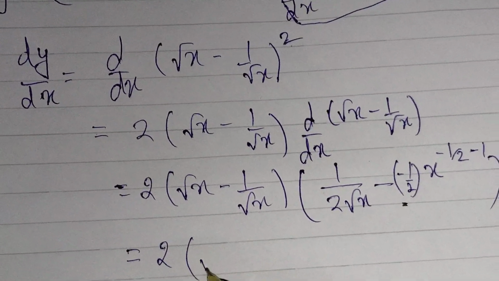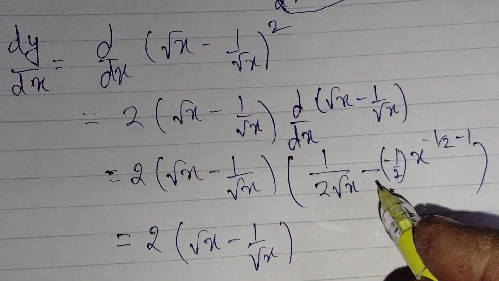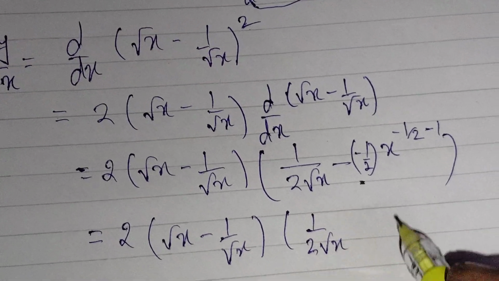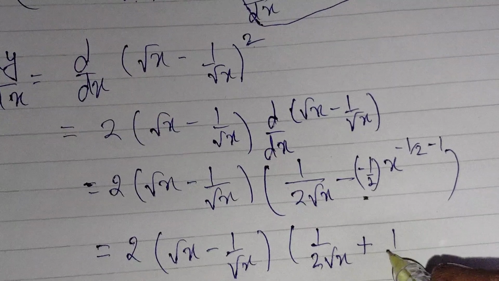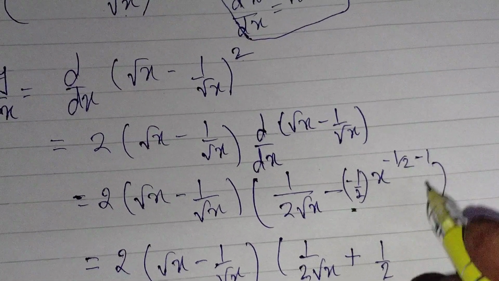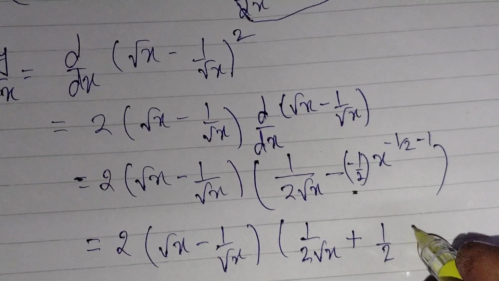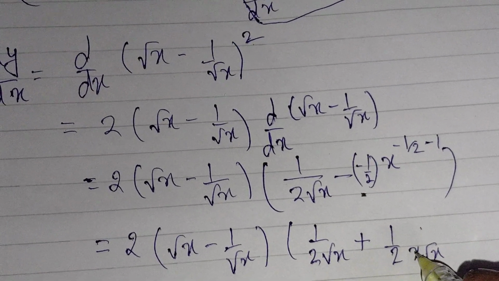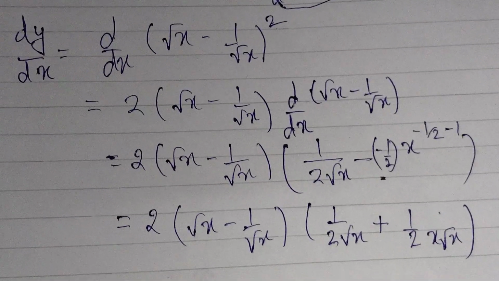Now 2 times (square root x minus 1 upon square root x), and here we see 1 by 2 square root x, and this minus 1 by 2 multiplied with this minus becomes plus 1 by 2, and there is minus 1 by 2 minus 1, so it becomes minus 3 by 2, and we can write it in the denominator, so it becomes x under root x. X means 1 power and 1 by 2 means square root x. So this is the answer.